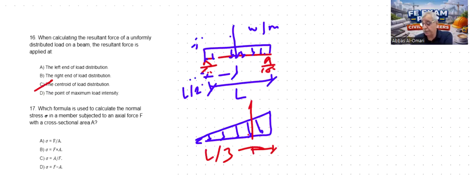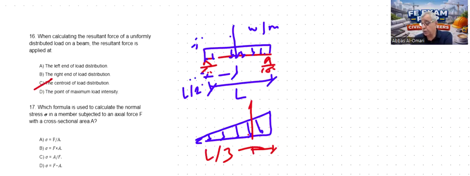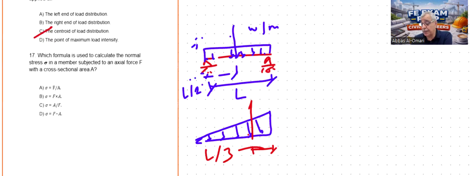The next question: which formula is used to calculate the normal stress in a member subject to an axial force F with cross-sectional area A? We know that stress equals F over A. Stress is force divided by the cross-sectional area, and the force should be perpendicular to the area.